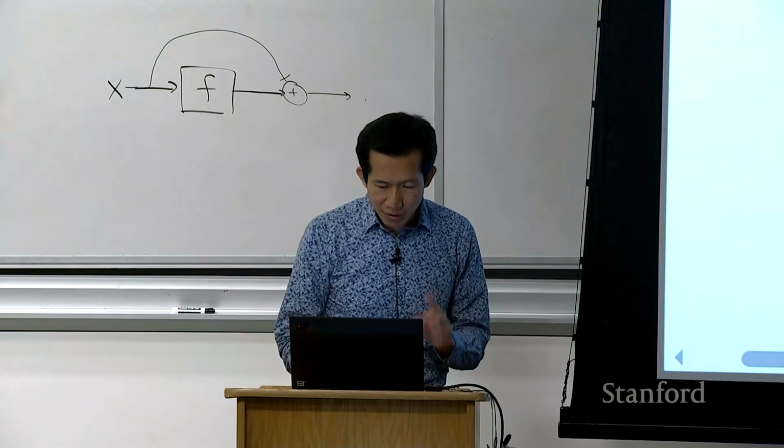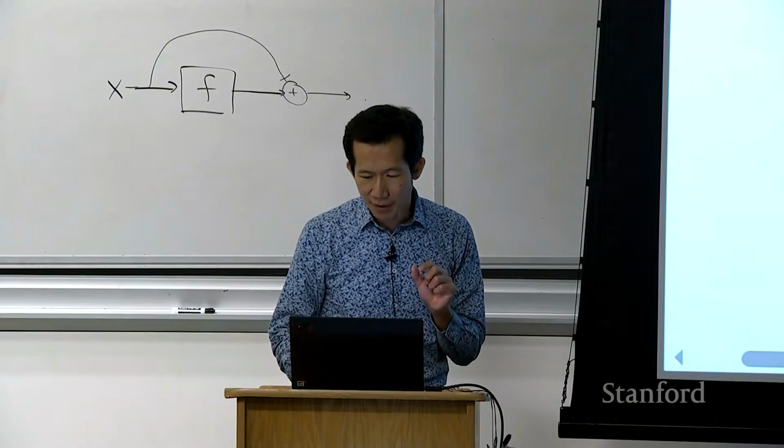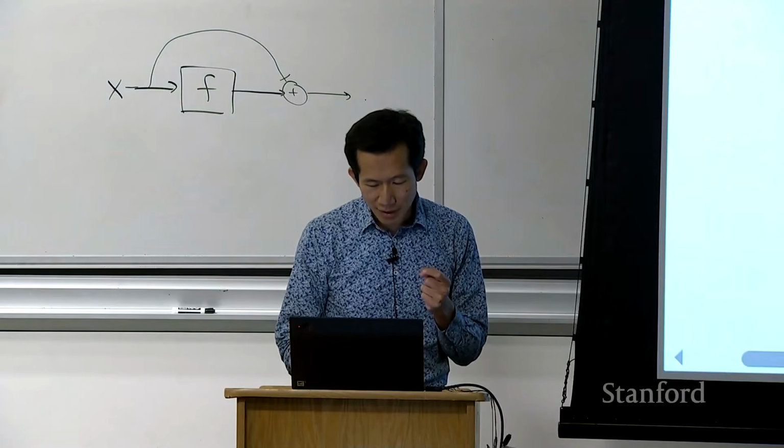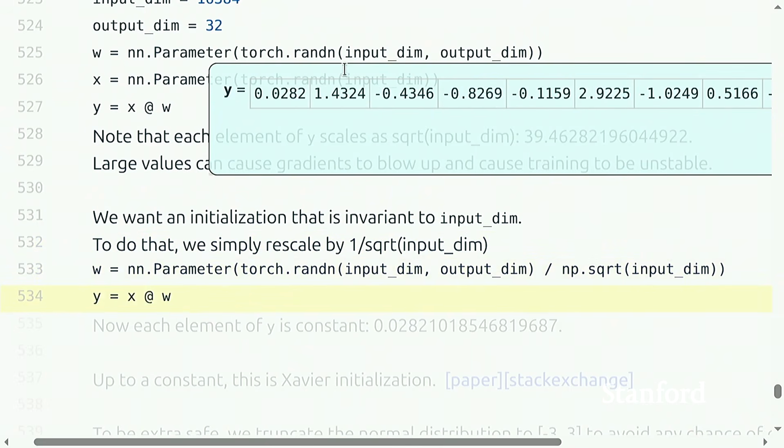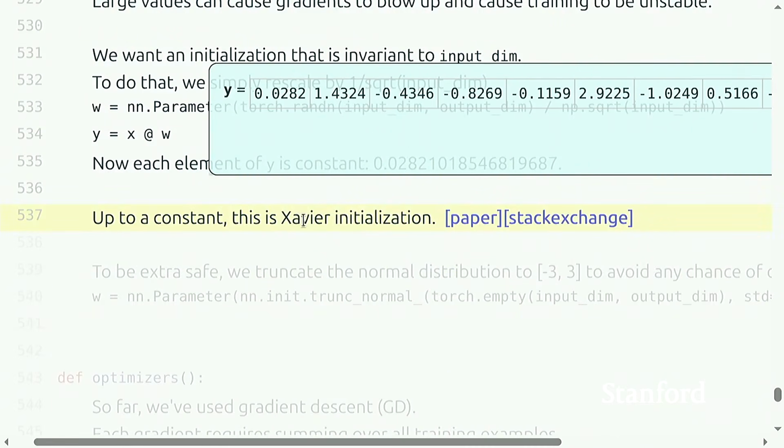So what you want is an initialization that's invariant to the input dimension. You just divide by the square root of the input dimension, and then things will be okay. Now these numbers look good, and if you see numbers like this, you can sleep at night. This is essentially known as Xavier initialization.